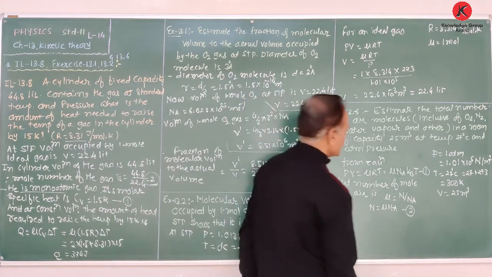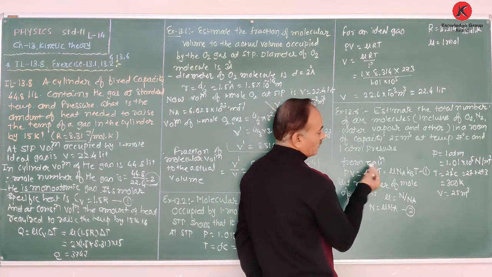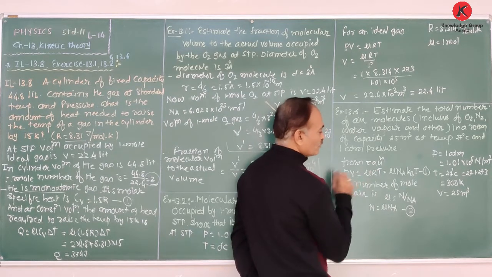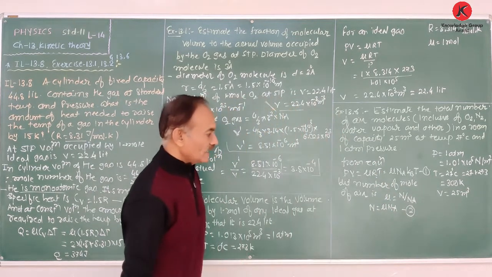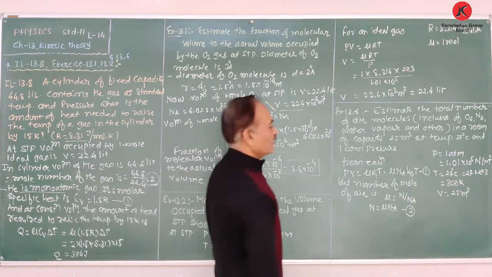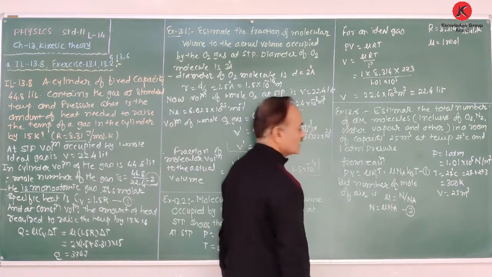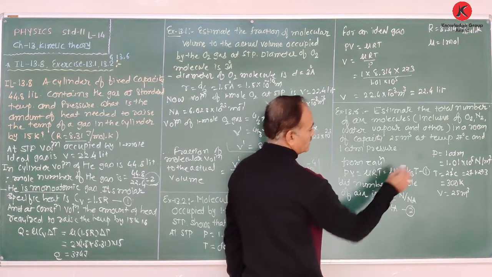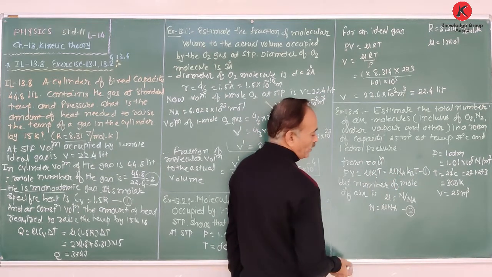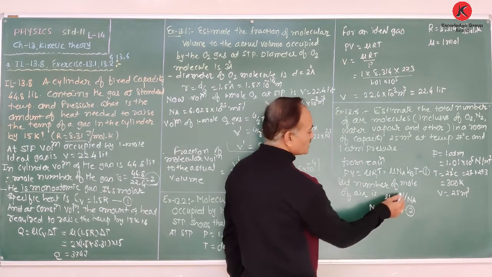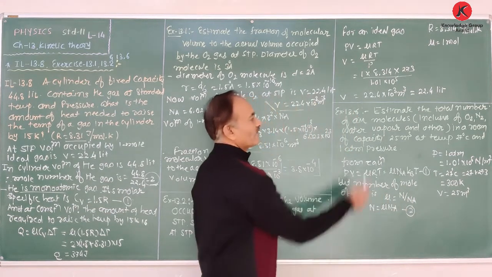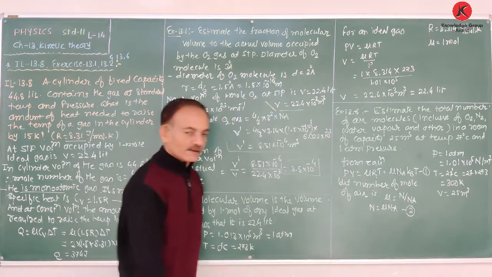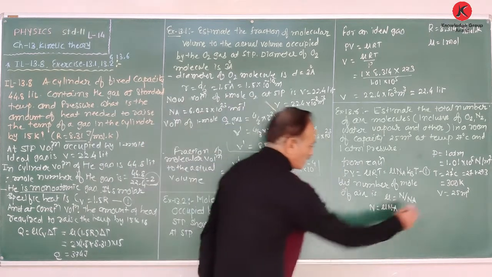Clear this? Okay. Again, from equation 1, PV is equal to mu RT. We substitute the value of R. R is equal to Na into Kb, Avogadro number into Boltzmann constant, that is equal to R. Right? But the number of moles of air is mu is equal to N upon Na. Therefore, N is equal to mu into Na. We require the total number of air molecules in the given volume of room.